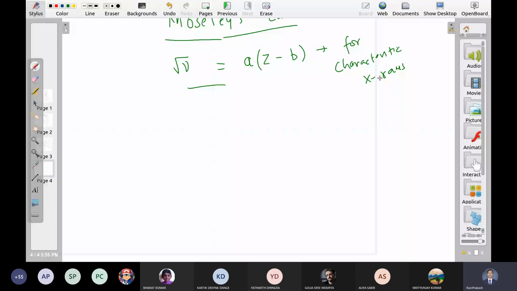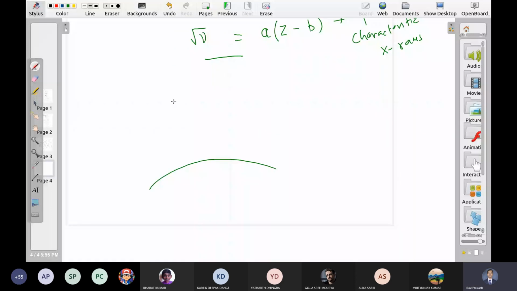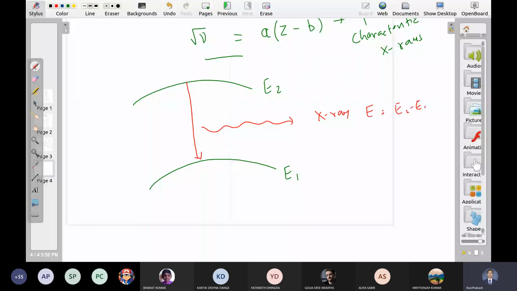Electrons are jumping from a high energy level to a lower energy level, and in this process we are getting X-rays of energy E equal to E2 minus E1, equal to hc upon lambda, equal to h nu. And we can calculate E1 and E2.